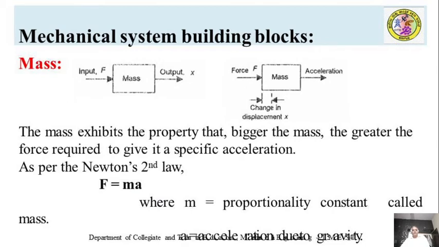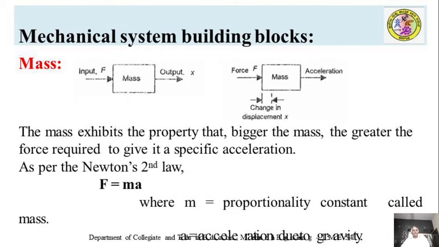Similarly, mass is another building block of a mechanical system. It exhibits the property that the bigger the mass, the greater the force required. The more the mass, the more force is required to move it and get the required acceleration.